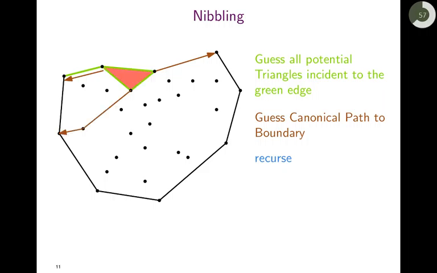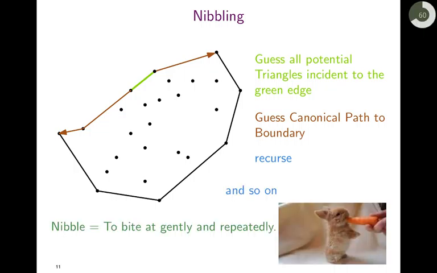And let me show one more recursion step, and you see here now already this got bigger, and this canonical outgoing path is length 2. And then we would recurse from here, and then actually we might split this problem into two subproblems of roughly the same size. Note that these separators are not balanced, but this is not a real issue. Yeah, and then it continues. We call this nibbling because we always make the big subproblem a little bit smaller by removing small bits of it.